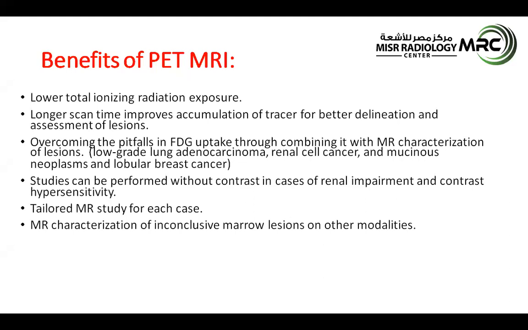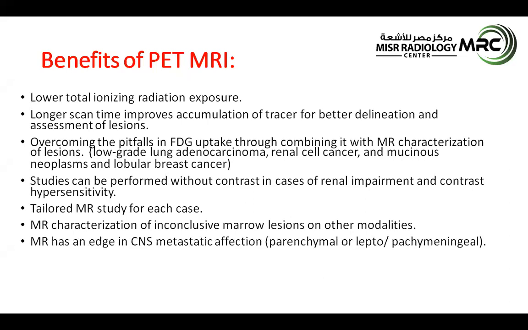There is also the importance of MRI in the characterization of inconclusive marrow lesions in the setting of malignancy, when there are inconclusive lesions on other modalities. It is important to accurately say, does this patient have osseous metastasis or not? So we are utilizing certain sequences in MRI that help us in this accurate characterization.